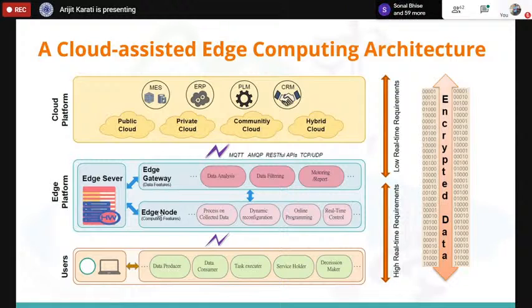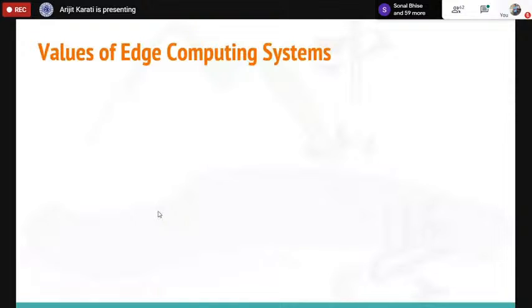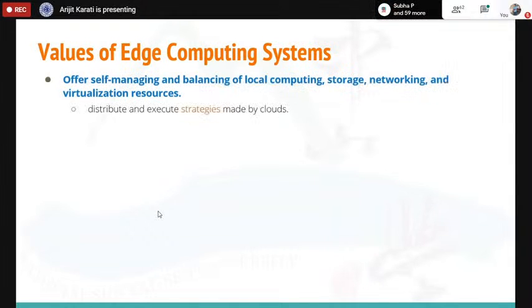Before moving to the security analysis, I'd like to discuss some more about the edge computing system. The next topic is, what is the value of the edge computing system? Edge computing could assist the cloud in several ways.